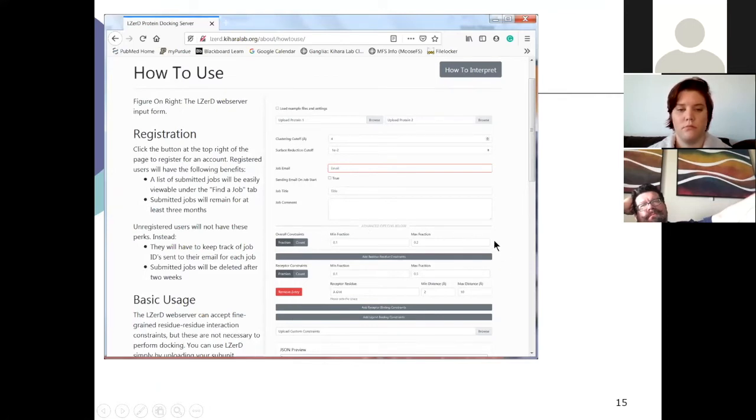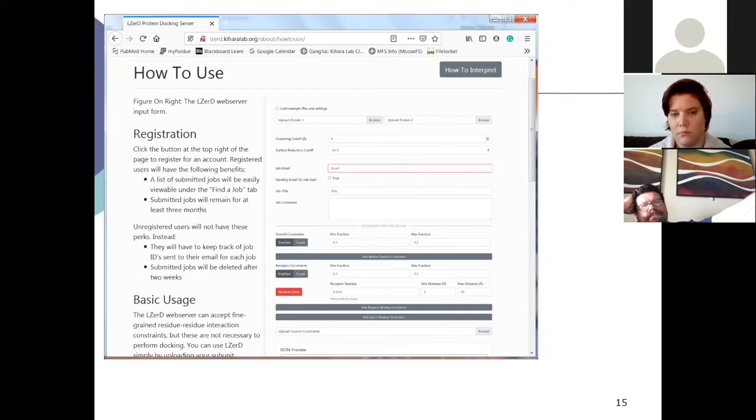Maybe it's a bit difficult to see, but you can also specify which residues are supposed to be at the interface, or if you know interacting residue pairs between two proteins, you can specify those two residues and also the distance between them.